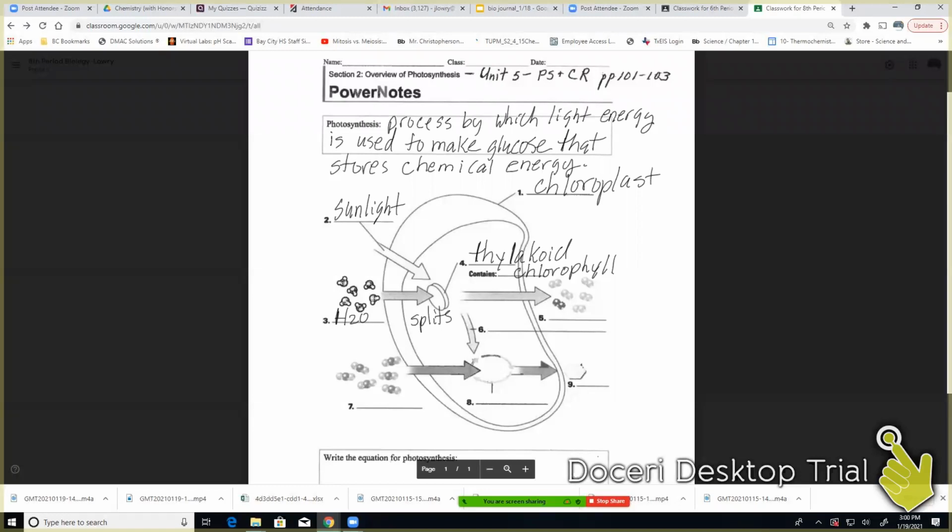And also we needed CO2, that was another one of our reactants, and that's from the air. So all of that, sunlight, water, you need 6 molecules of water, 6 molecules of CO2, they all go to that thylakoid. And where the energy is, the water is split. And over here, they end up as one of our products, oxygen, O2.